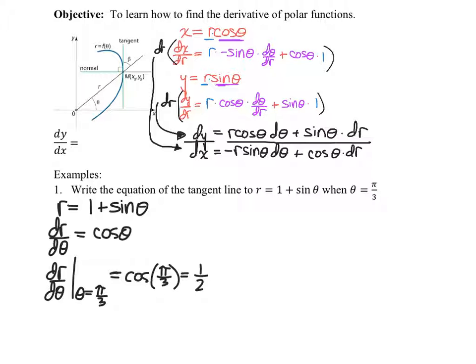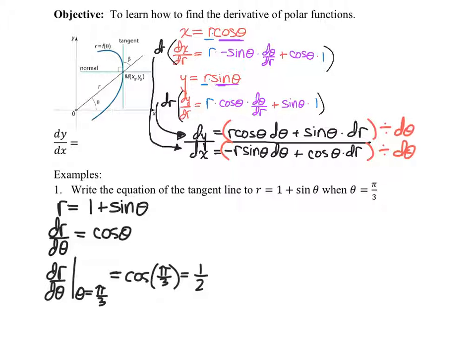So a simple way of handling that would be to divide each part of the fraction, top and bottom, by d theta. So instead of trying to manipulate my dr d theta to make it fit the formula, why not manipulate the formula so that it fits the information that you have?